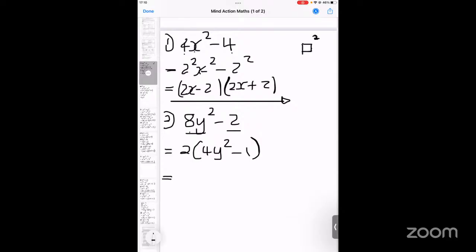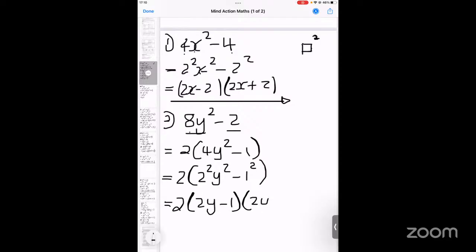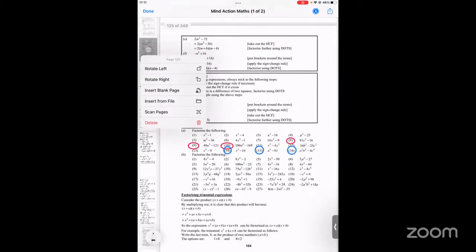Yes, sir. You agree that 1 is the same as 1 squared? Yes, sir. Then it means we have 2, then you just say that. It looks like it's a done deal now. I'm not sure if you agree there, Grace. Yes, I do agree, sir. Then we move on to the next one.